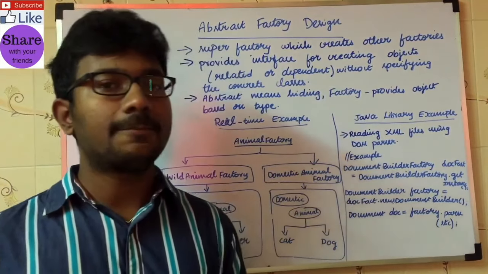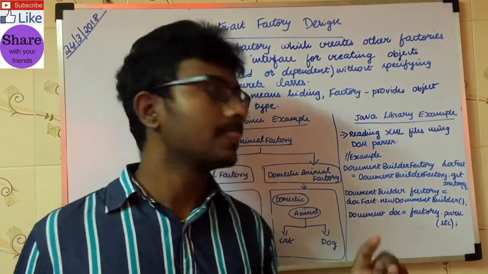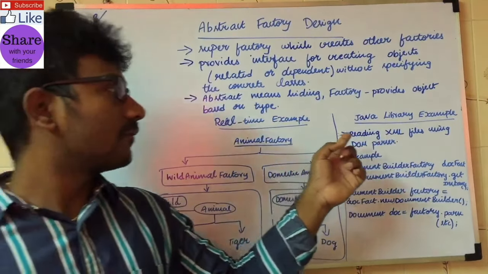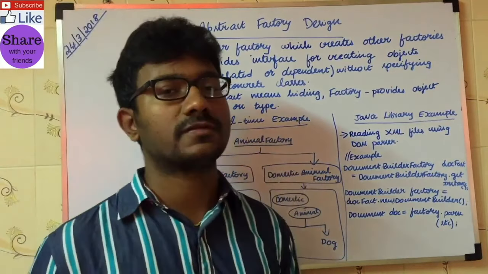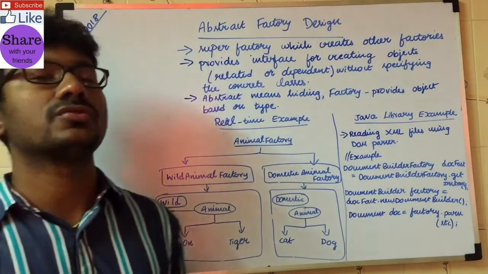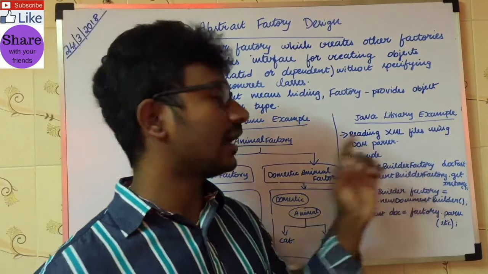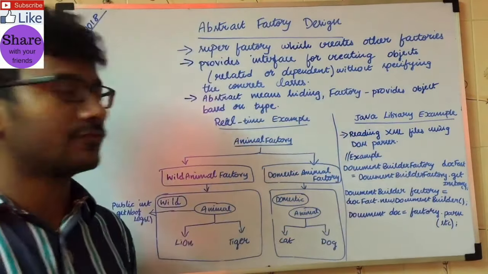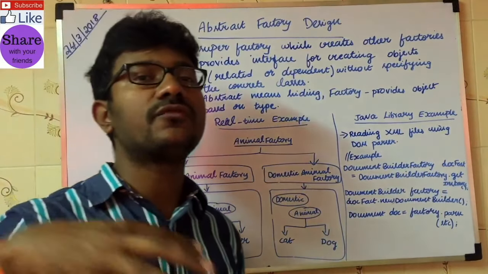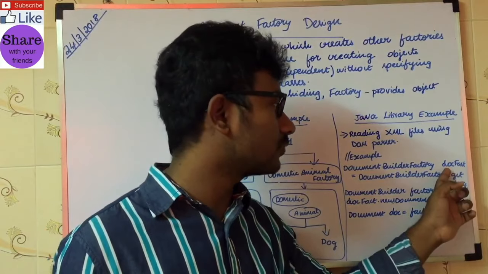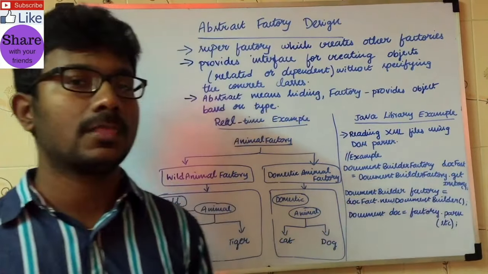The abstract factory design is actually implemented in Java libraries. If you are trying to read some XML files using a DOM parser, then you would have used the abstract factory, because DocumentBuilderFactory is an abstract factory. Using this factory, you can get the actual factory object. Here, the actual factory object is docfact, obtained by calling the newInstance method.